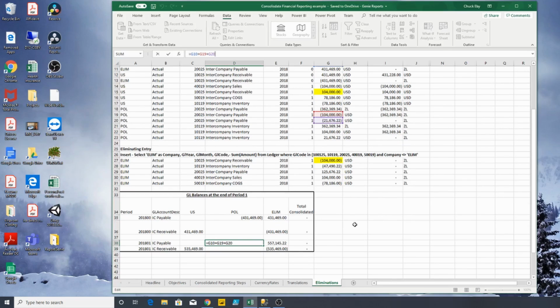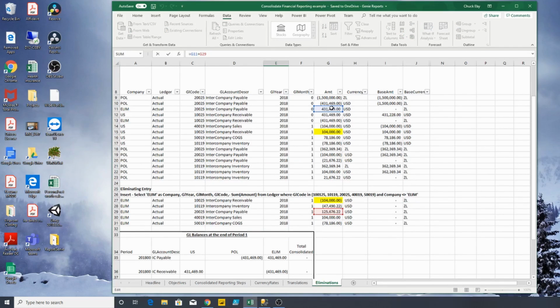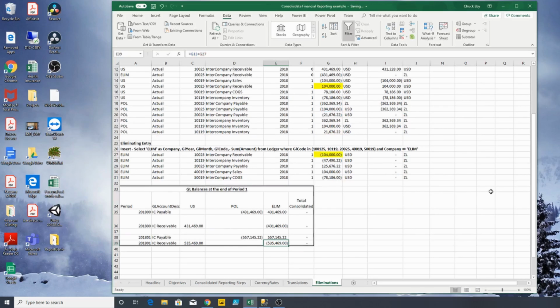And the eliminating business unit is picking up the 557,145 in the opening balance entry, and then the entry that we added in period 1 when we ran the elimination process. Then we get down here, same thing. For the U.S. business unit, we've got period 0 and period 1 summed together to get our balance there. We've got the offsetting eliminating balance right here so that we net to 0.